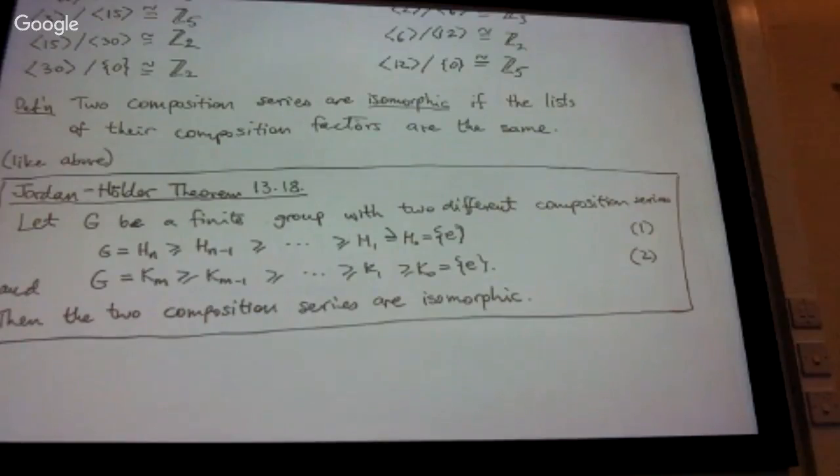Does every group have a composition series? No. Does the book say? I'll have a look. Yes, it does. Example 30.17. Oh, we skipped it. Yeah, there's one before the table.